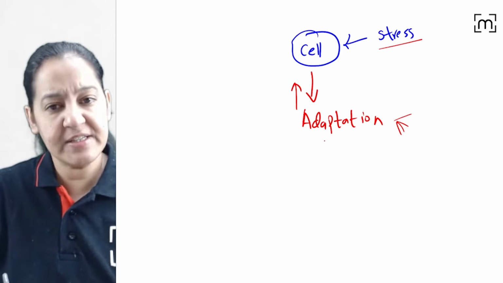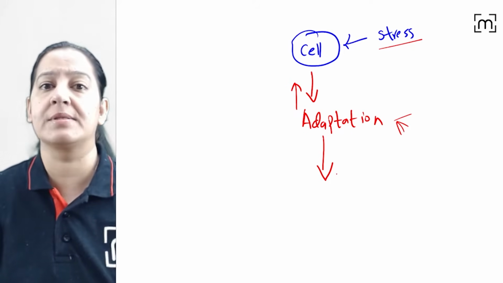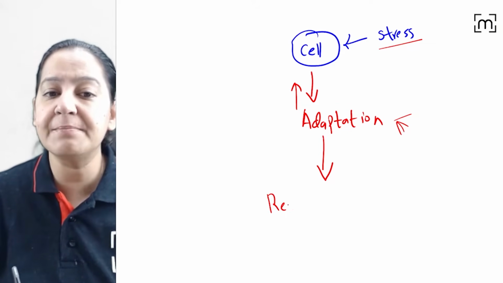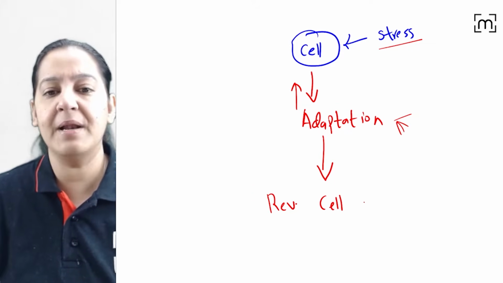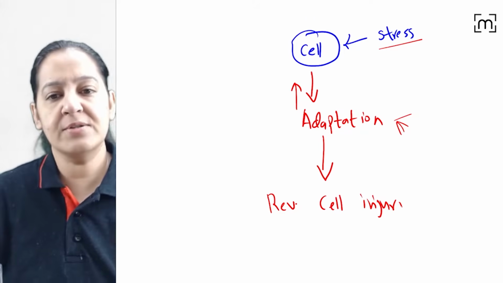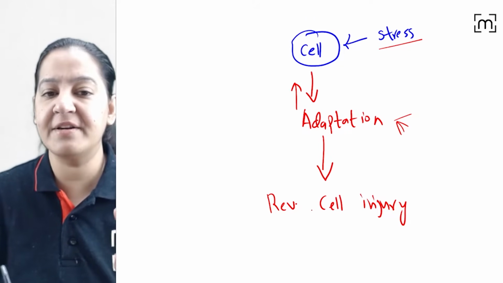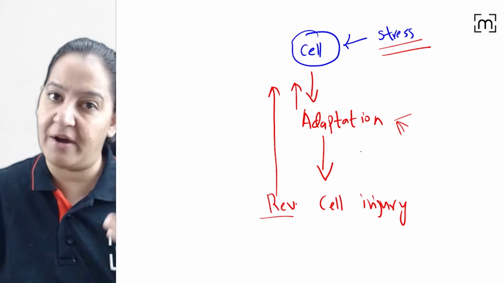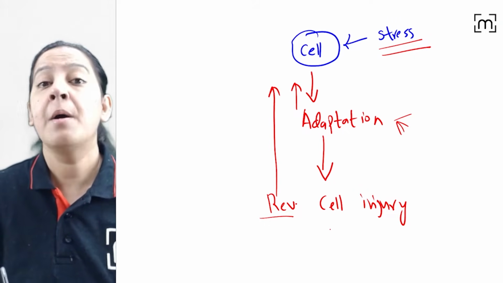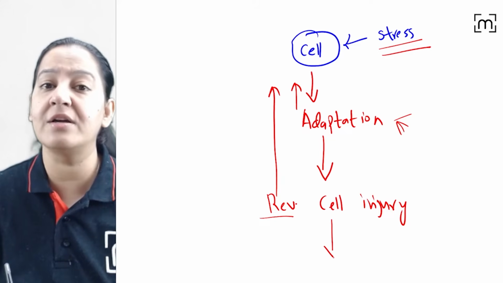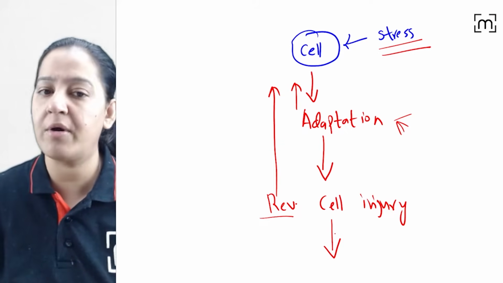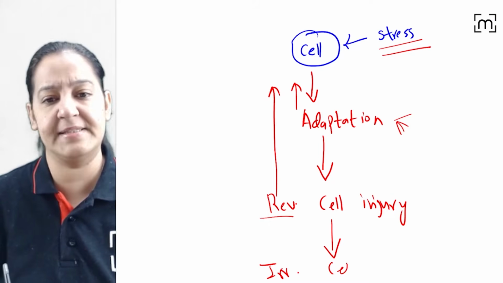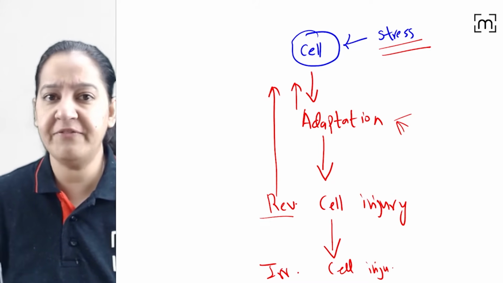Number 1, if the stress continues for a long time, the second thing that happens is reversible cell injury. The cell will have certain injury again, but it is reversible. Once you remove the stress, the cell will become normal after some time. But if the stress continues for an even longer time, the last thing that happens is irreversible cell injury.